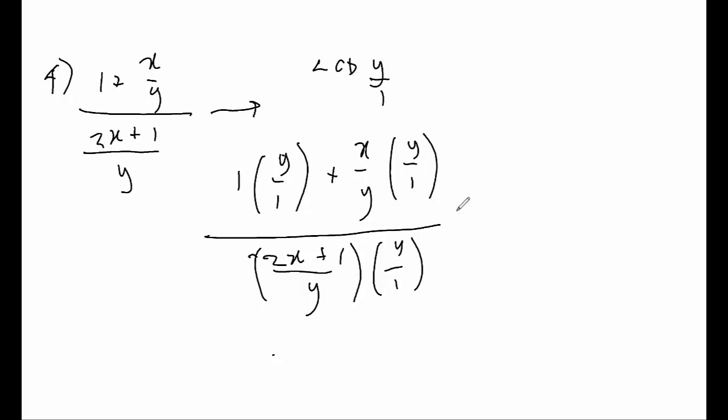Okay, so here I end up with, on the top, these y's cancel out, and these y's cancel out. So it turns out I get y plus x over 2x plus 1.